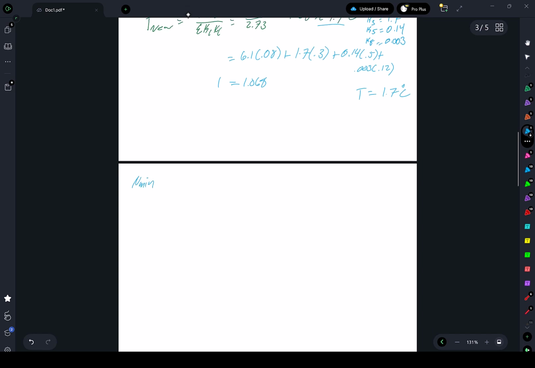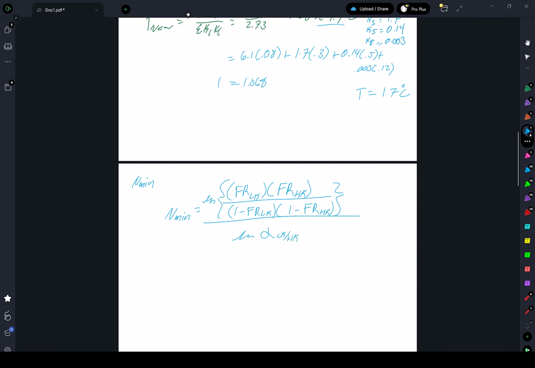We know that N-min is equal to the natural log of the fractional recovery of our light key times the fractional recovery of our heavy key over 1 minus the fractional recovery of the light key times 1 minus the fractional recovery of the heavy key, all divided by the natural log of our alpha of our light key with reference to our heavy key.